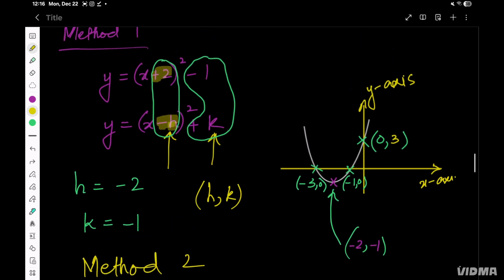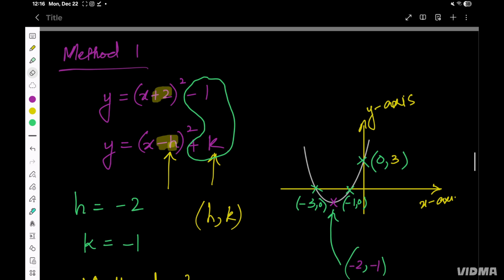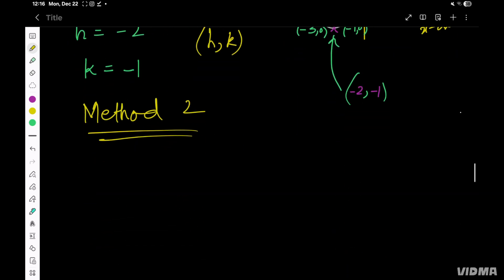What you have to do, you just need to put the squared part of the equation equal to 0. The squared part of the equation is this one. So we can let (x plus 2) whole square equal to 0. From here you can find your x.